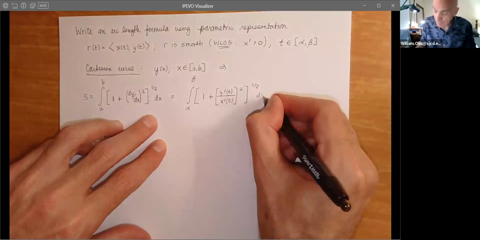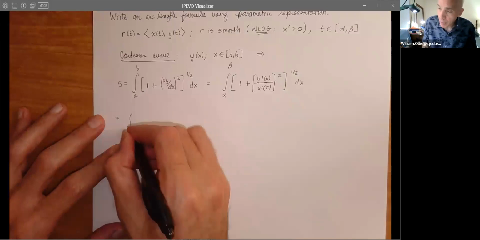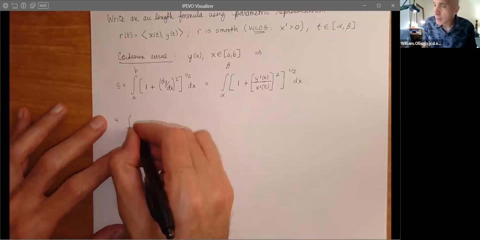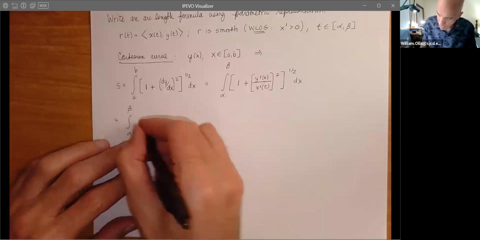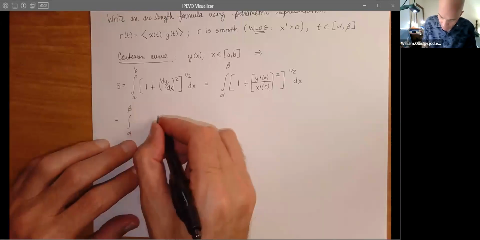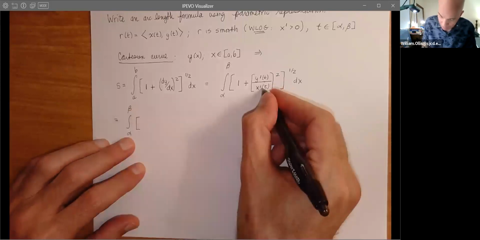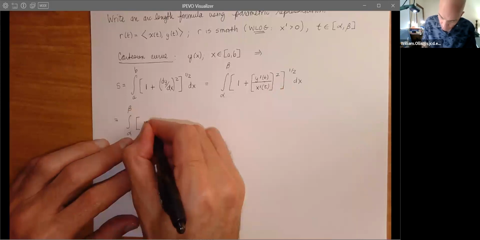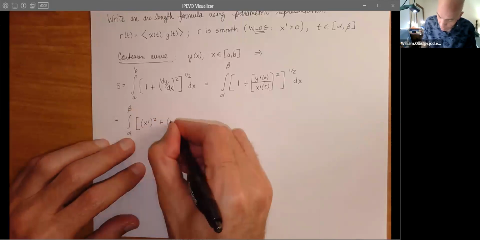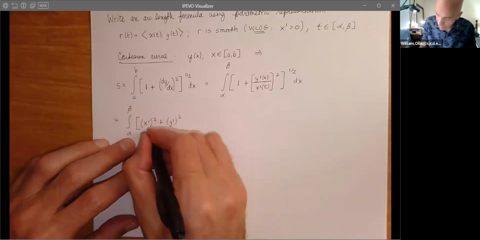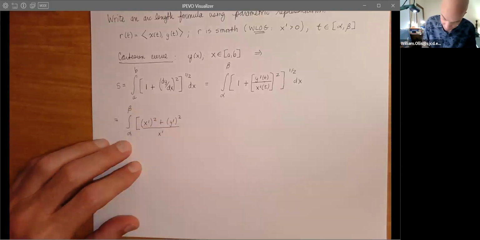And now we'll get alpha to beta, and this will get a common denominator. And let's see, we'll have an x prime squared plus a y prime squared divided by the common denominator x prime squared. And I'll bring this down a little bit.